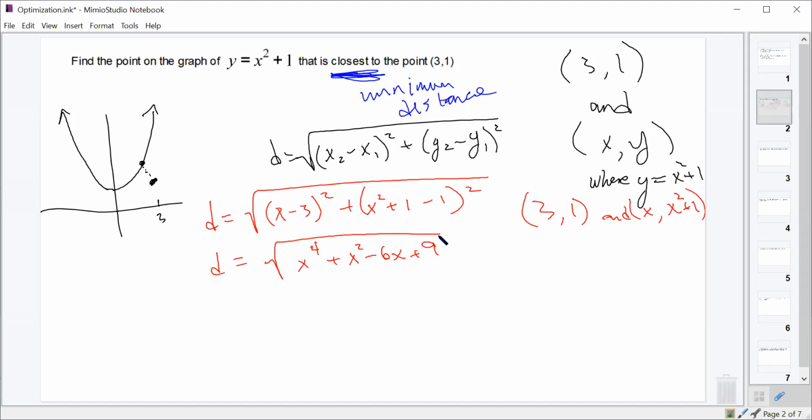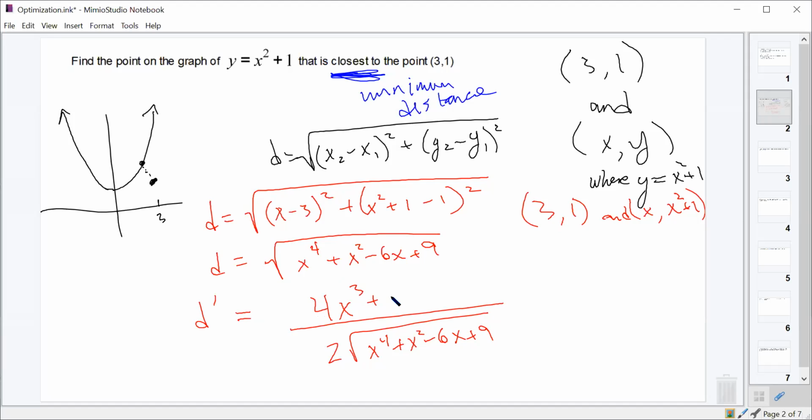Okay. And we want to find out when this distance is at a minimum. So how do we figure out when a function, in this case a distance function, is at its minimum? We take the derivative and see when it has critical values. So what is d prime equal to? Well, this is the square root of u, so it ought to be 1 over 2 root u times the derivative of u, which would be 4x cubed plus 2x minus 6.